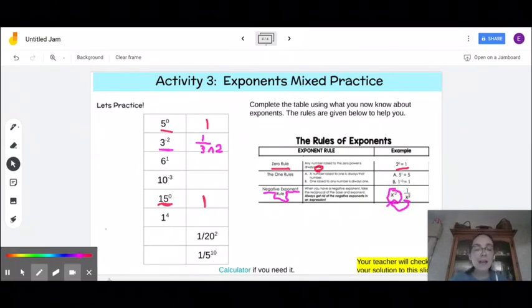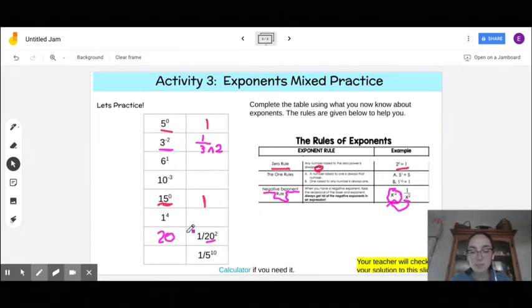So if I have 1 over 20 to the second power, my base is going to stay the same, so it stays at 20, but the exponent has to be negative. I'm not going to do this bottom one down here. I want you to try that one based on the example I just did.